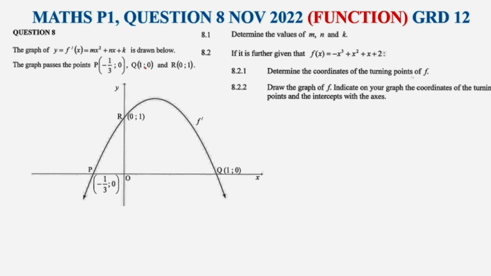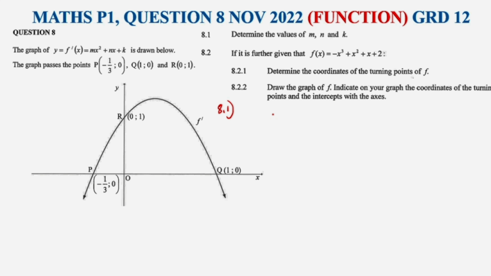What we need to do is either take the derivative and then solve it, or we can just use the x-intercepts as they are already given and use one of the points to be able to find m. Let me write here 8.1.